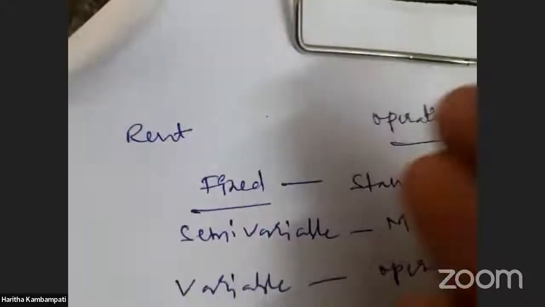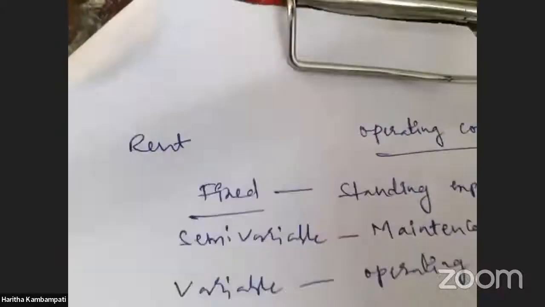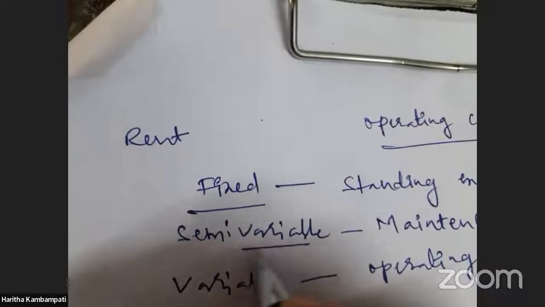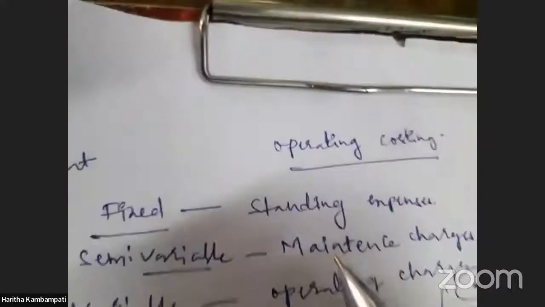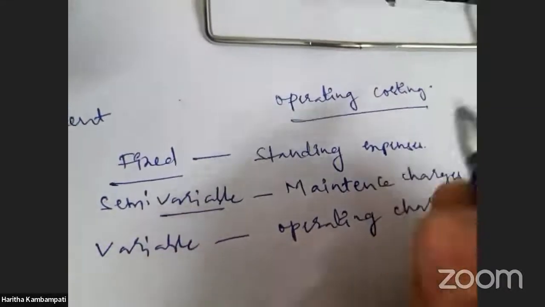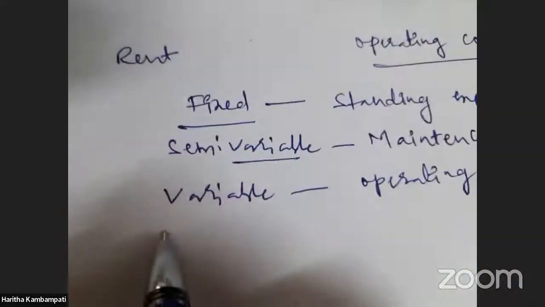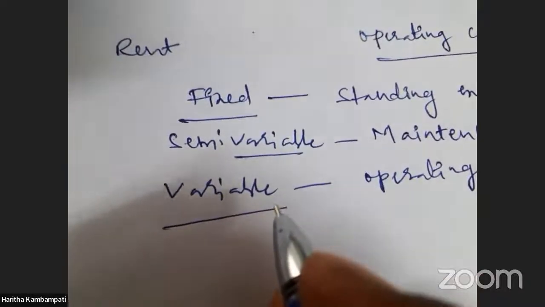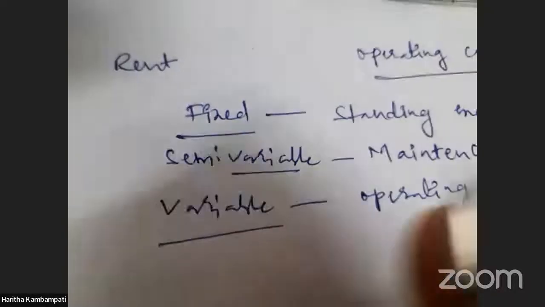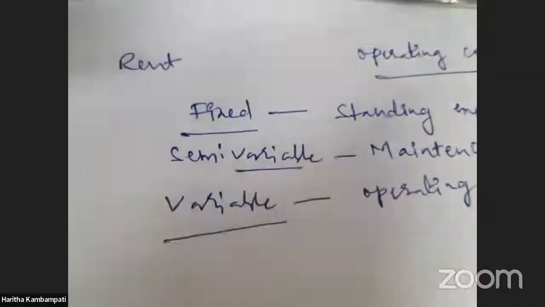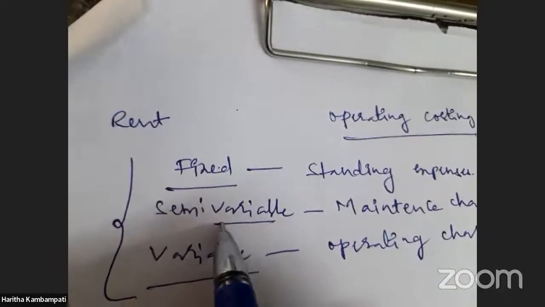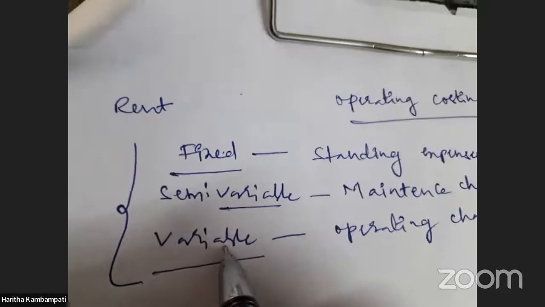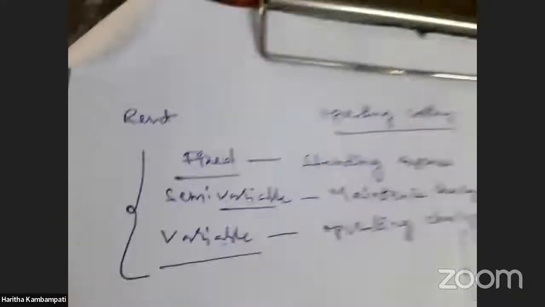After that, variable in nature means going to vary with the proportion of output or services they are offering. Variable costs are completely varying along with the level of production, level of output, level of operations. So in this system, we are going to divide the cost into 3 categories.